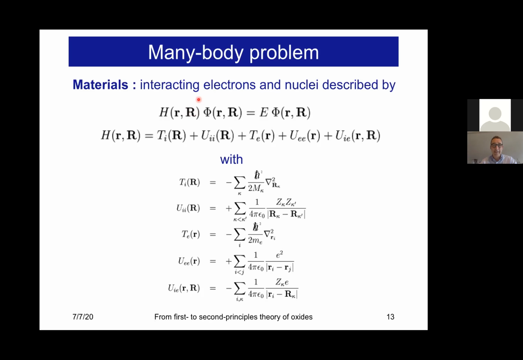So it's a set of coordinates for all the nuclei here and a set of coordinates for all the electrons. It looks relatively simple, but what is very complicated is that we have here a many-body wave function. And if you consider a solid with an enormous number of particles, it's totally impossible to solve this equation.